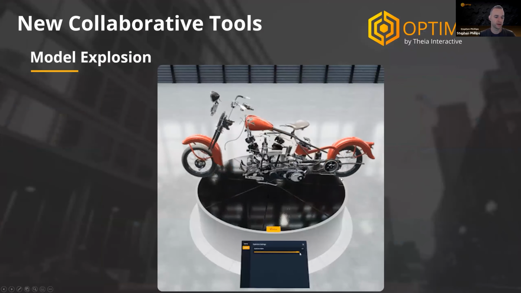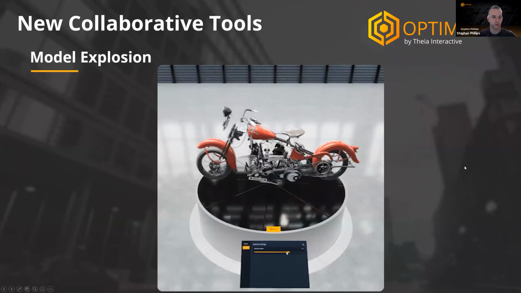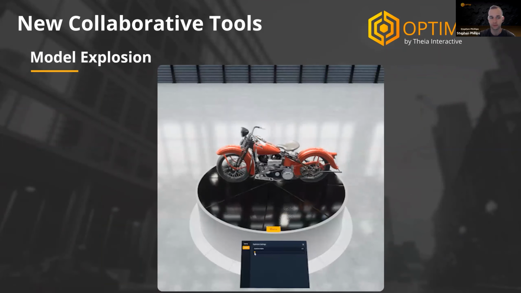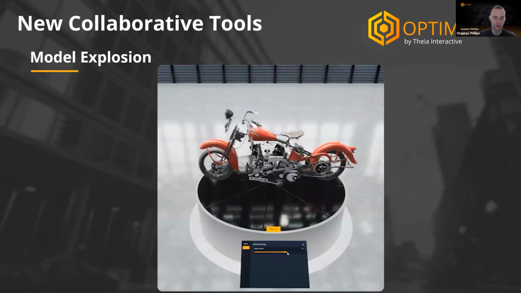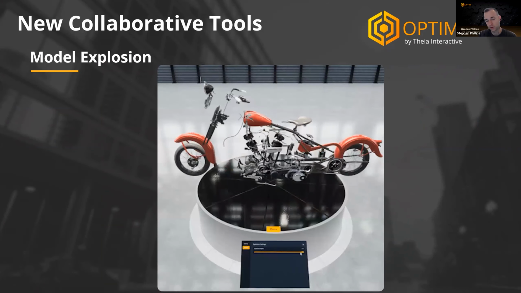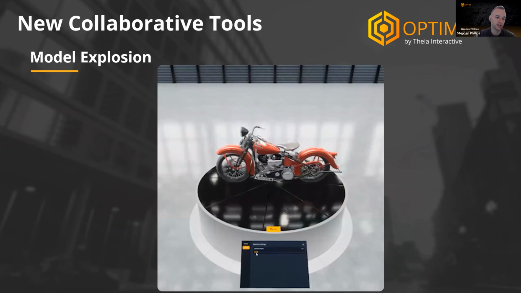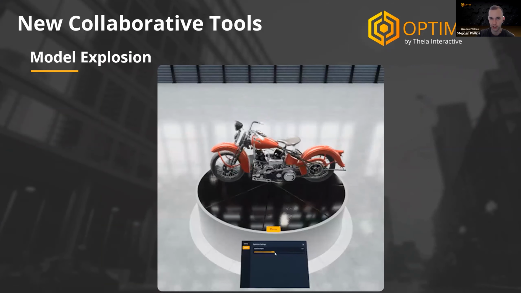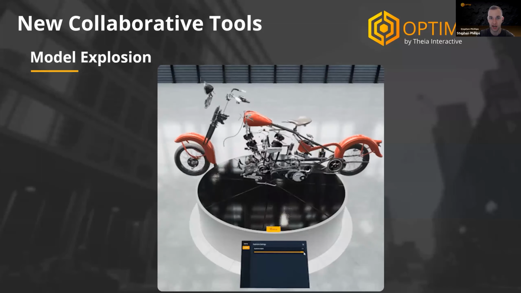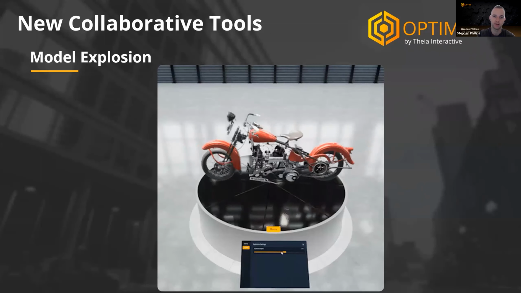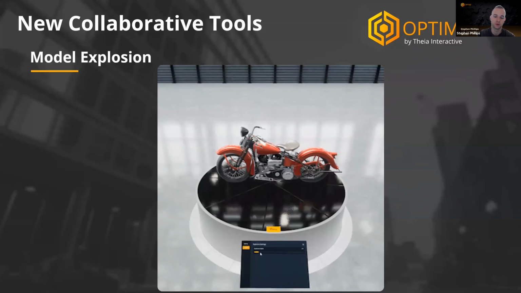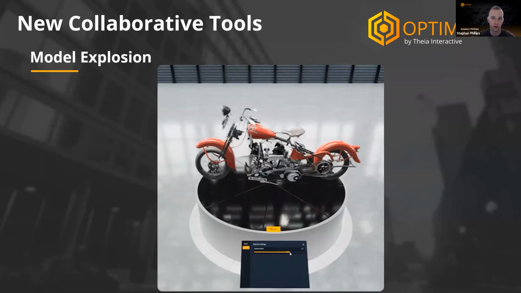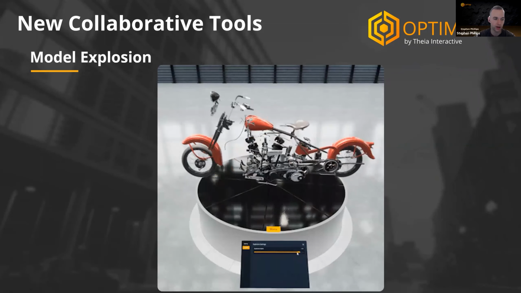we have a variety of new interactive methods for things like exploding models. Exploding models is really great for manufacturing or engineering applications. It lets you take basically any number of objects of any size, and they will automatically find the ideal direction and distance to move away from one another using our algorithm.